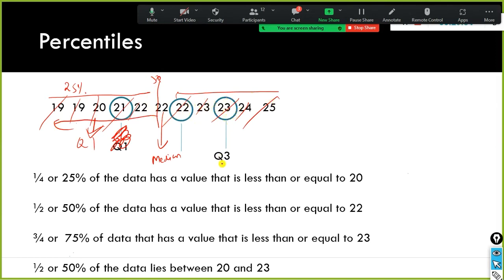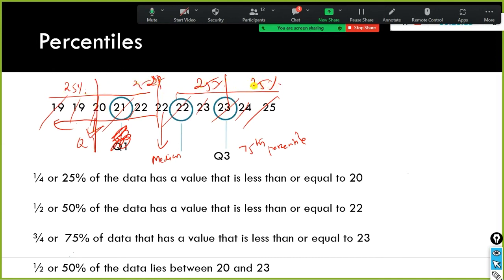This is your Q3, which is nothing but your 75th percentile, which means 75% of the data. So up to this you have 25% data, up to this 25%, and above this you have 25%.